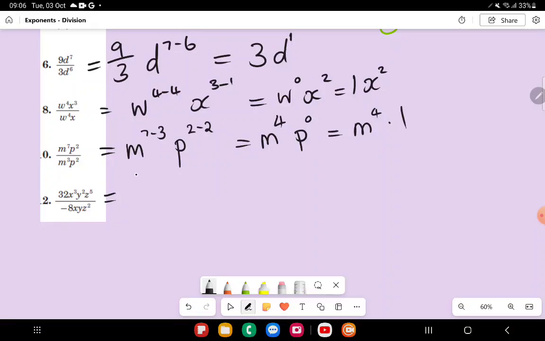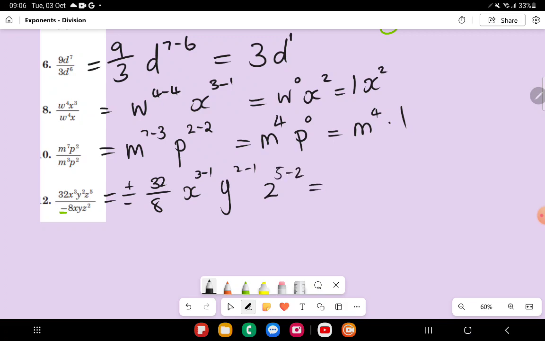And the last one on this one, now notice I have a minus sign here. So I'm going to do signs: plus divided by minus. 32 divided by 8, x^(3 minus 1), y^(2 minus 1), z^(5 minus 2).